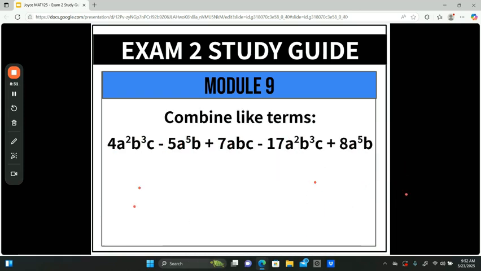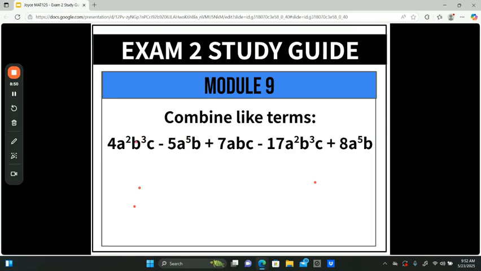Let's combine like terms. So first off, let's find the like terms since there's quite a few variables here. Like I said in the previous problem, we want to look for variables that are exactly the same exponents, same everything.